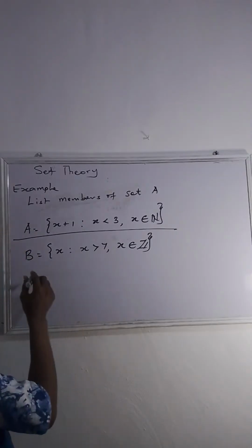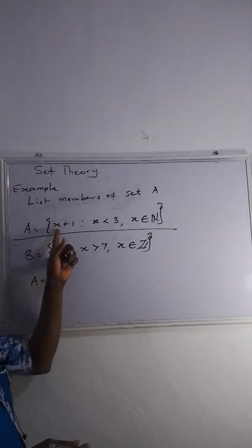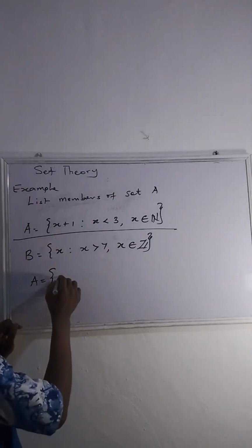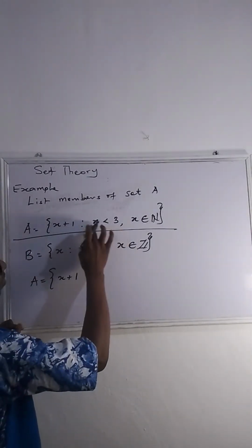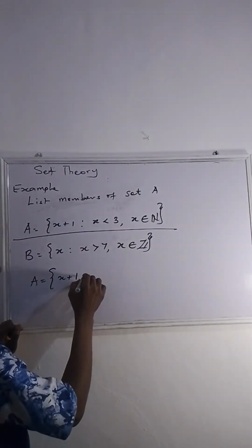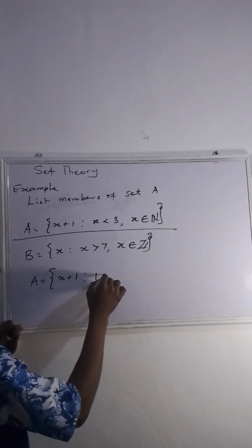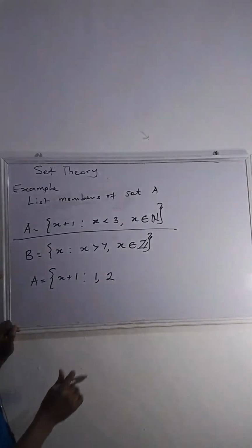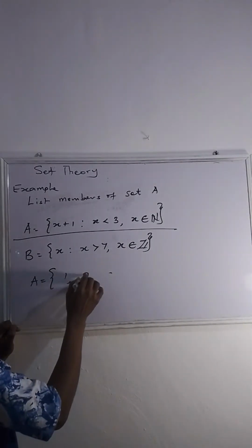Okay. Now let's look at the first set. Set A is the set of x plus 1. Now let me list members of this set. Members of this set are 1 and 2. So this is going to be 1, 2.